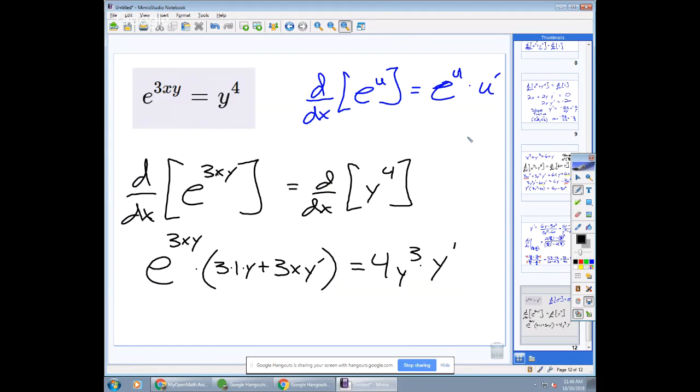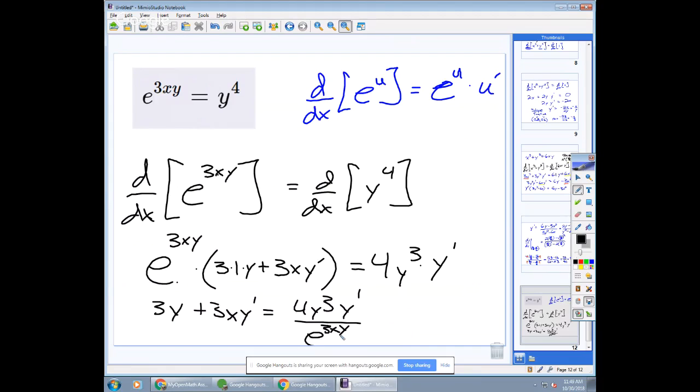Okay. So 3y plus 3x y prime is equal to 4y cubed y prime over e to the 3xy. That's what we chose to do. Now you're going to divide by the other number.